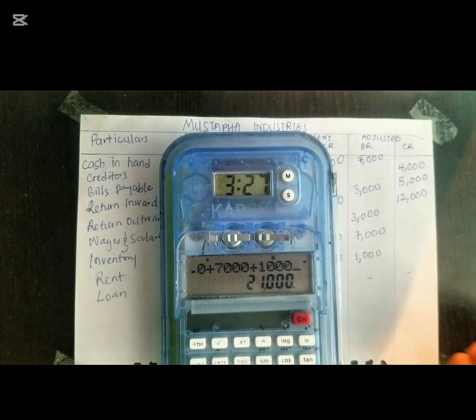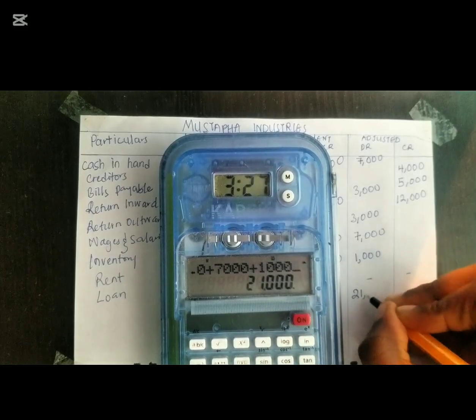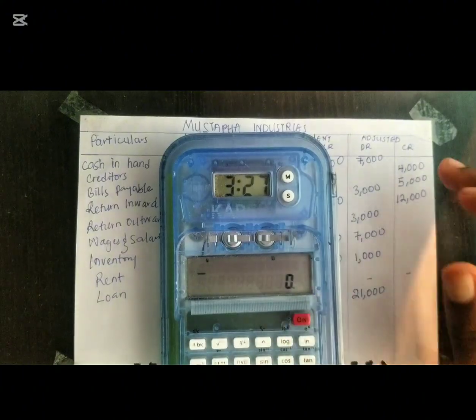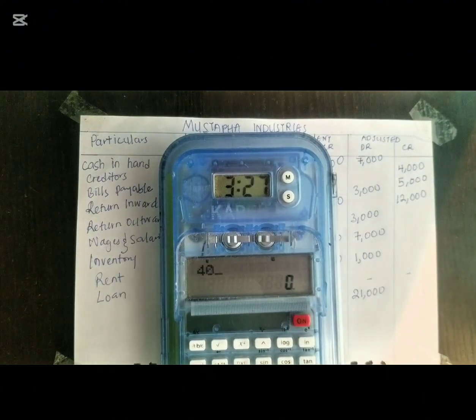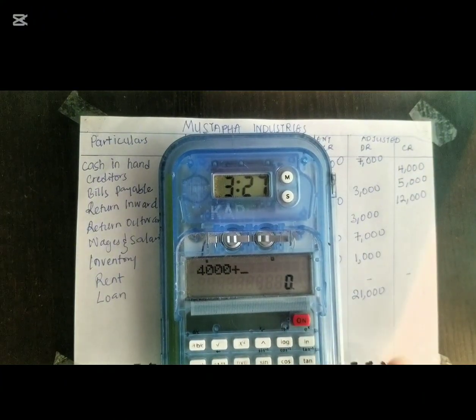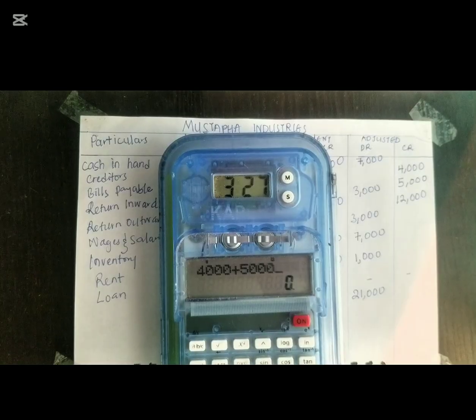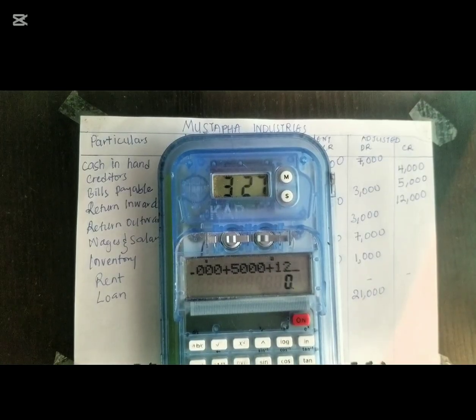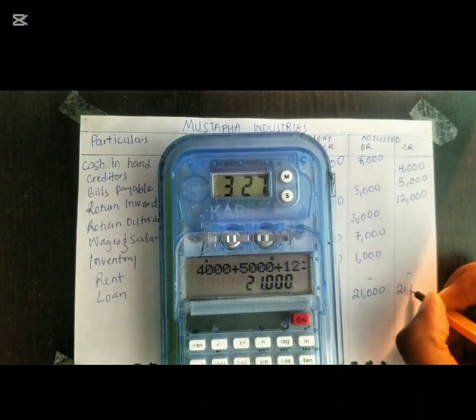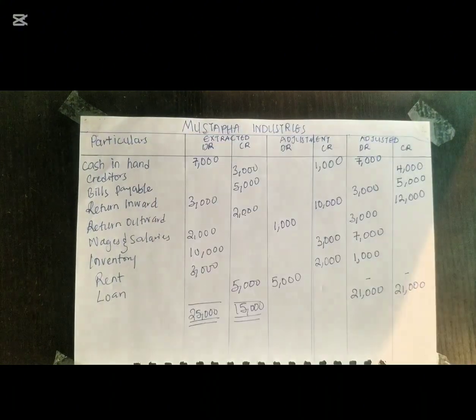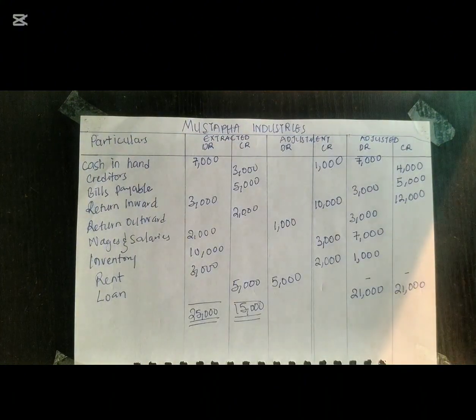So the total is what? 21,000. So write 21,000. For the credit side, 4,000, 4,000, plus 5,000, 5,000, plus 12,000, 12,000, 21,000. So we are getting the exact 21,000.